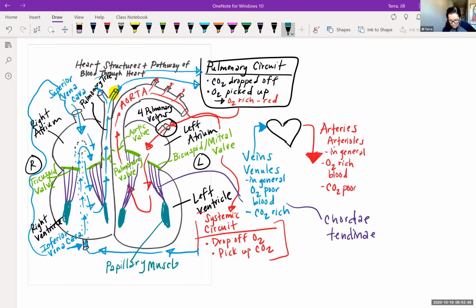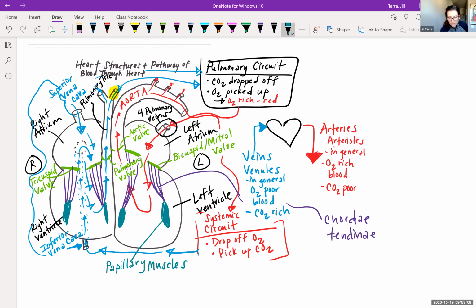And so we're going to see that when the papillary muscles contract, they pull down on these cords, on these chordae tendineae. And by pulling on the cords, it pulls on the valve tissue and keeps them kind of staked down and taut to prevent the blood from flowing back up into the atrial chambers.